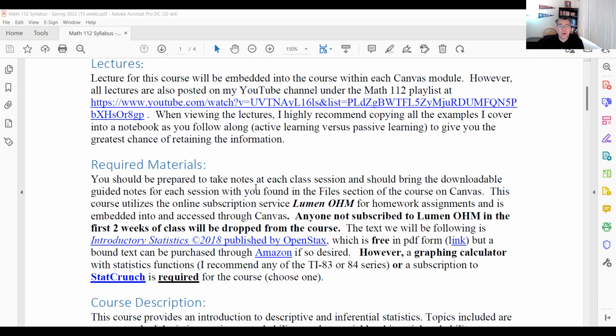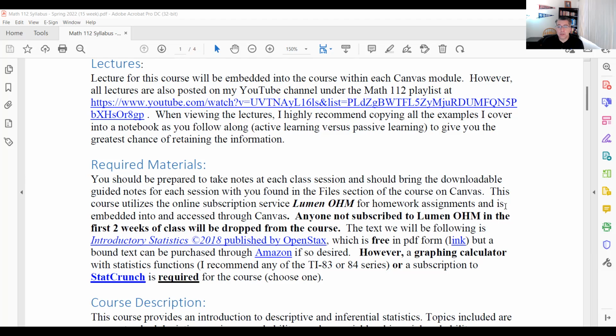Required materials: you should be prepared to take notes at each class session and should bring the downloadable guided notes for each session with you, found in the file section of the course on Canvas. This course utilizes the online subscription service Lumen OHM. They're also going to be found in the modules themselves. Okay.